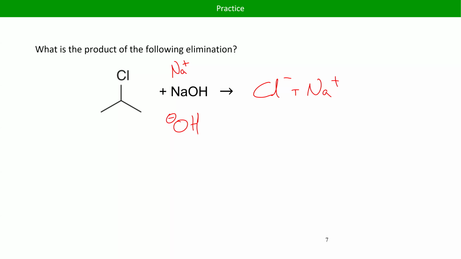So the chloride is going to leave. You wouldn't need to draw this entire mechanism in order to answer this question, but just to tell ourselves what's going to happen here: the chloride leaves, and the hydroxide is going to steal a hydrogen to become water.